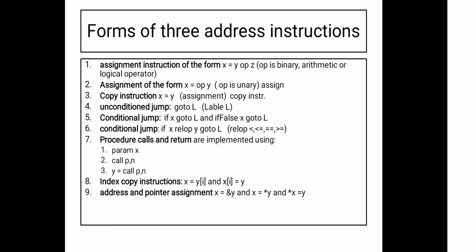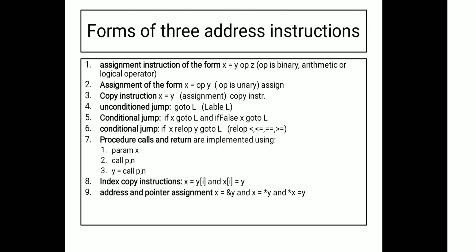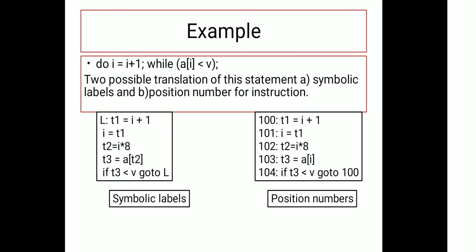Call procedure p with n as the number of arguments: y equals call p, n. This is also a 3 address instruction. Indexed copy instruction: x equals y[j], x[i] equals y. Address and pointer assignment: x equals address of y, x equals star of y, star of x equals y. These are also 3 address code instructions.